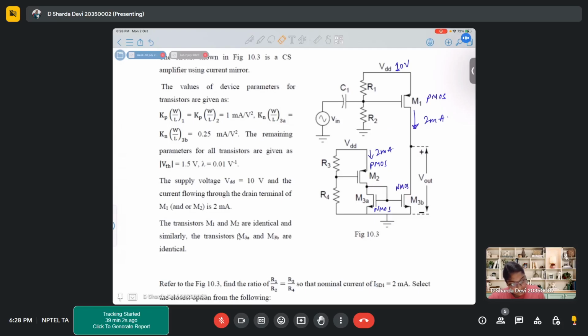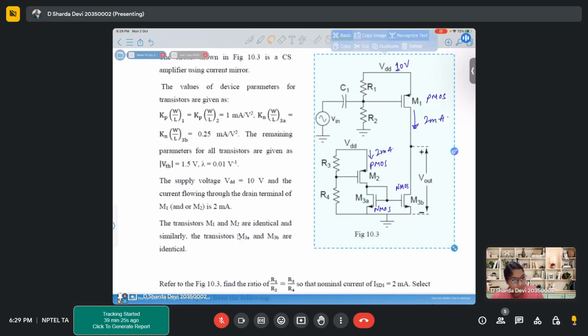The transistors M1 and M2 are identical. So these two PMOSs are identical. Similarly, transistors 3A and 3B are identical to one another. So transistors M1, M2, M3A and M3B are identical to each other: both the PMOSs are identical and both the NMOSs are identical.